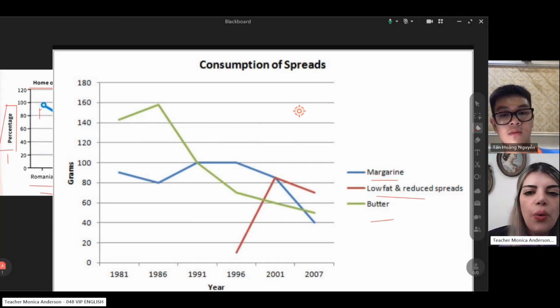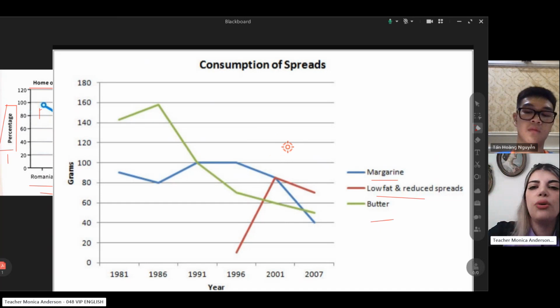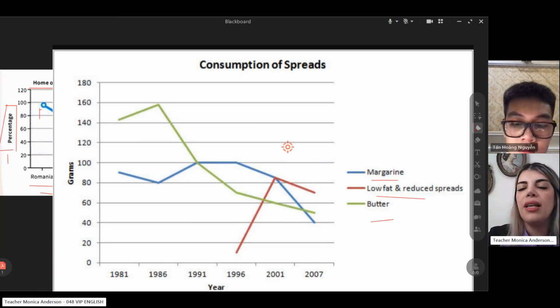And now we want to talk about, for example, the second part. Okay, we're going to give a main body and talk about this line graph.